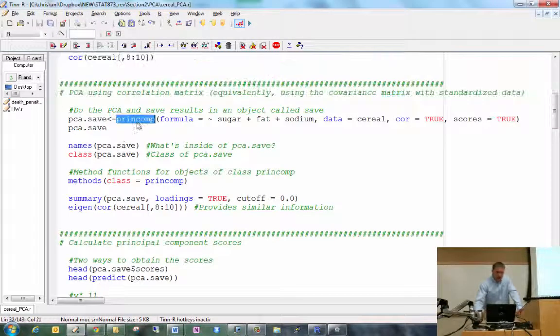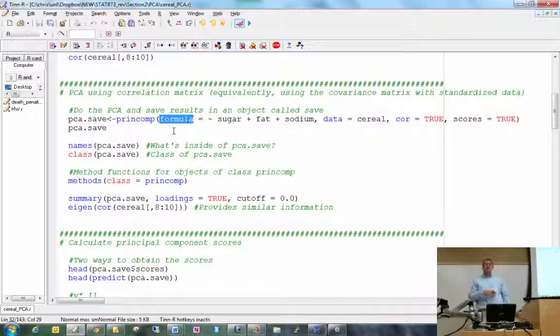And here's how I'm using princomp. There are a few different ways that you can tell it which variables you're working with. The first way is to use a formula argument.